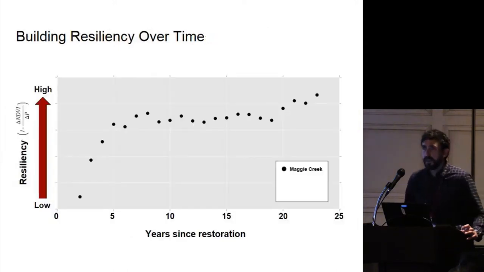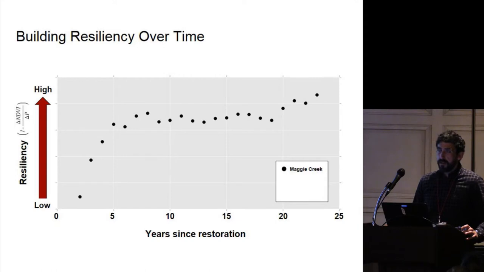So this is kind of my take-home message, my conclusion and summary to all this. If you look at resiliency, and resiliency is kind of a loaded term. It can mean a lot of different things. In this case, I actually tried to measure resiliency by the inverse of sensitivity.